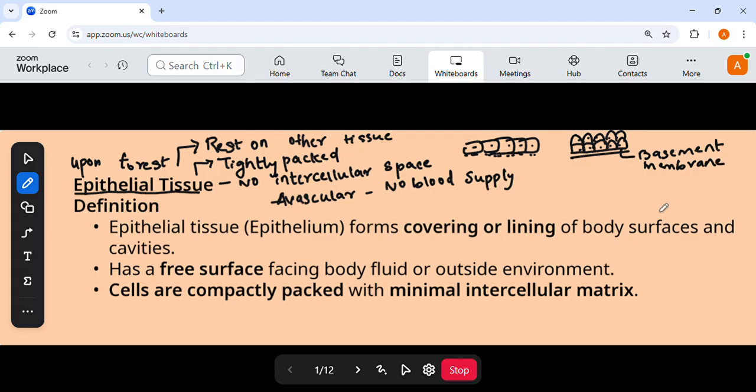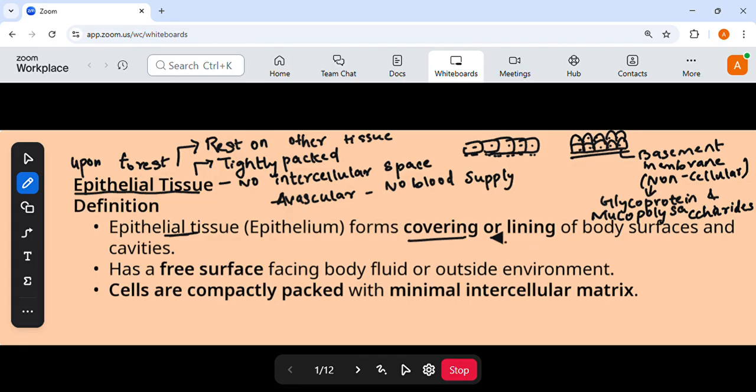This basement membrane is again non-cellular, acellular or non-cellular, and it is made up of mucopolysaccharide and glycoprotein. Clear?